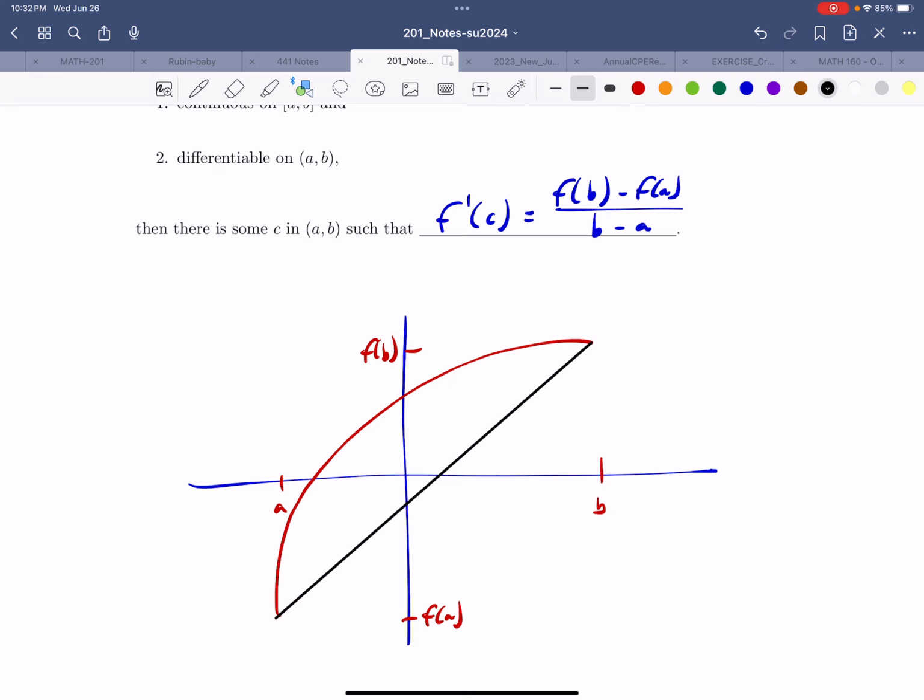There's some value, maybe here or so, where the derivative of the curve is exactly, actually maybe it's more like here, where the derivative of the curve is exactly equal to the slope of the secant line.